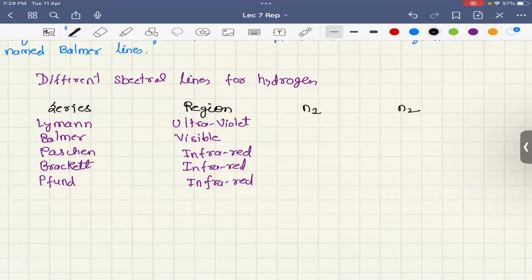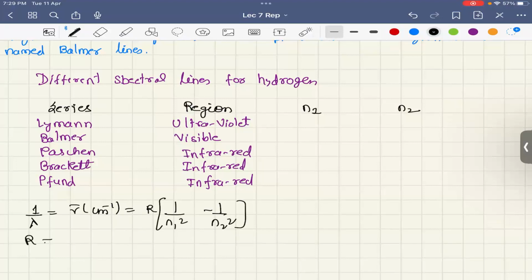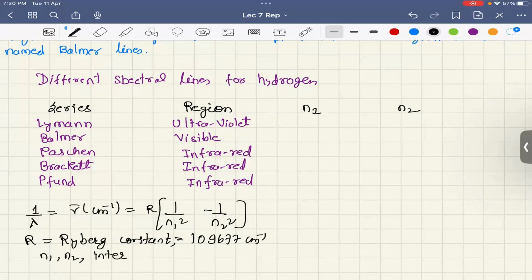That generalized expression is 1 by lambda, which is the wave number, equals R into 1 by n1 square minus 1 by n2 square, where R is a constant and its value is 109677 centimeter inverse, and n1 and n2 are integers, where n2 varies as n1 plus 1, n1 plus 2, n1 plus 3, so on and so forth.